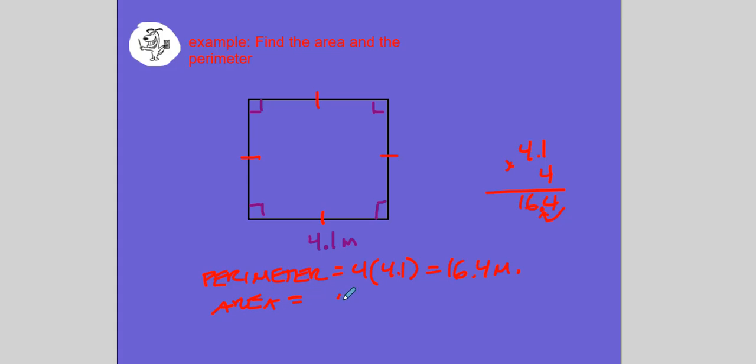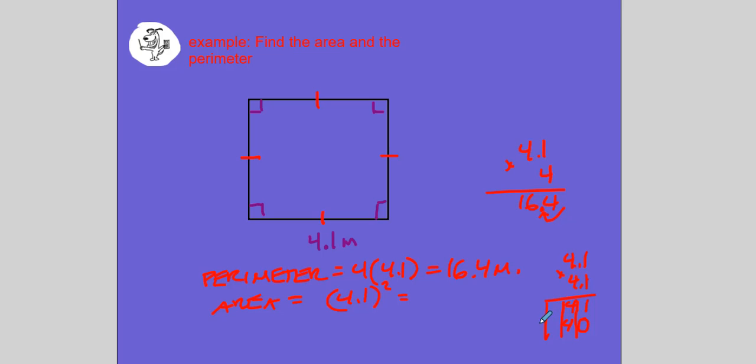And then the area is going to be 4.1 times 4.1, or 4.1 squared. So I have to take 4.1 times 4.1. Okay. So here now, ignore the decimal points for a moment. 1 times 1 is 1. 4 times 1 is 4. I'll put columns here to keep everything lined up. Now I'm going to put a placeholder 0 here. 1 times 4 is 4.